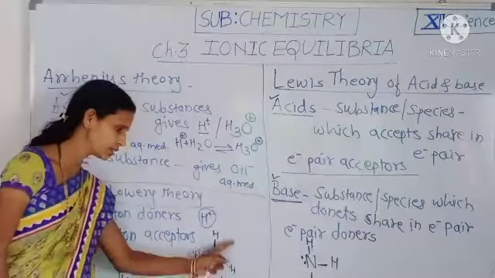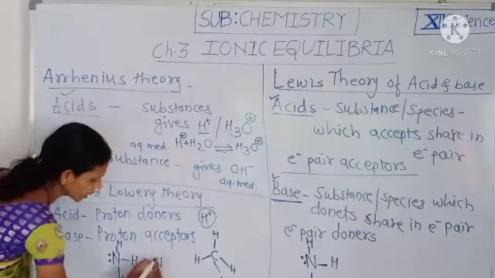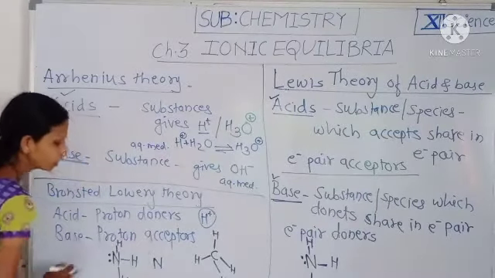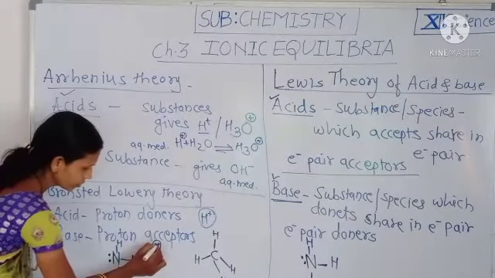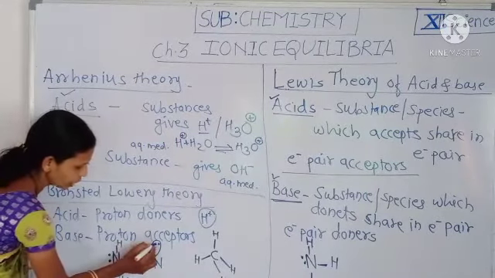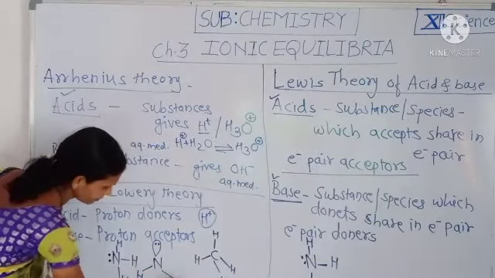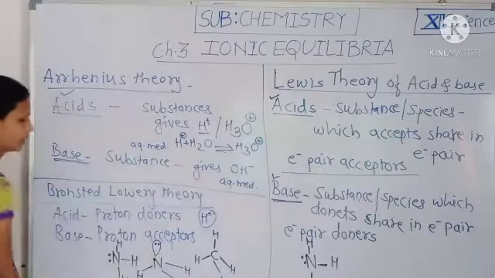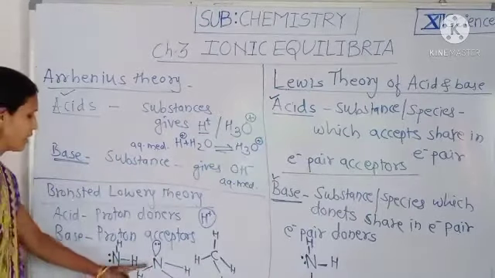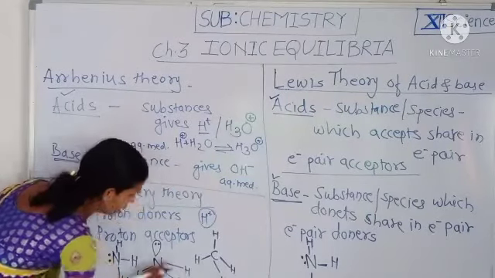Similarly, in ammonia the central nitrogen atom contains an orbital in which 2 electrons are there, and 3 hydrogens are covalently bonded with nitrogen. That is the pyramidal geometry of ammonia.